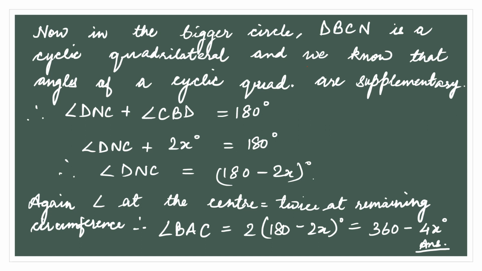That is the angle formed at the circumference. Again, the angle at the center is equal to twice the angle at the remaining circumference. Therefore, in the bigger circle, this reflex angle, that is angle BAC, is equal to 2 into 180 minus 2x degrees, that is 360 minus 4x degrees.